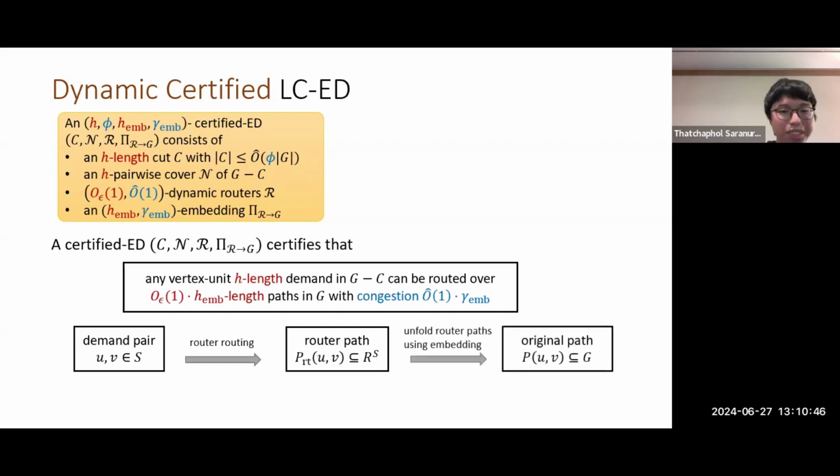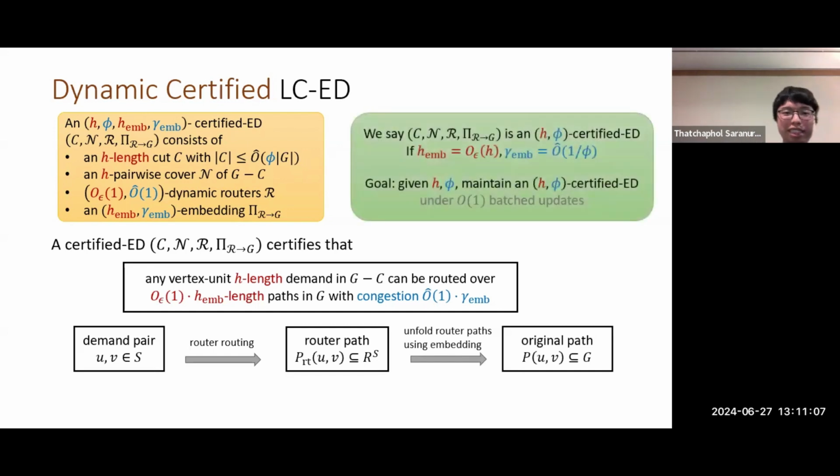And then we unfold these router paths using the embedding, like we substitute each router path with the underlying embedding path on the original graph. And this will cause some multiplicative factor on both the length and congestion, that is H embed and gamma embed.